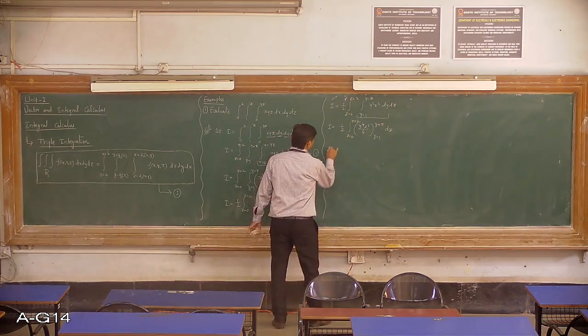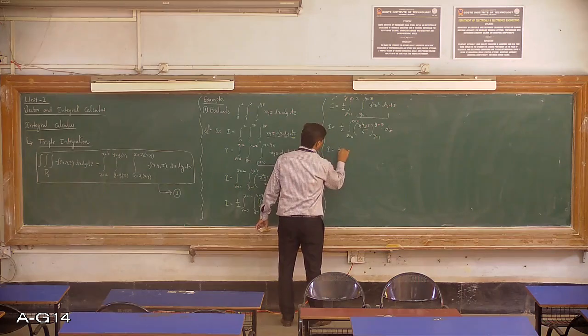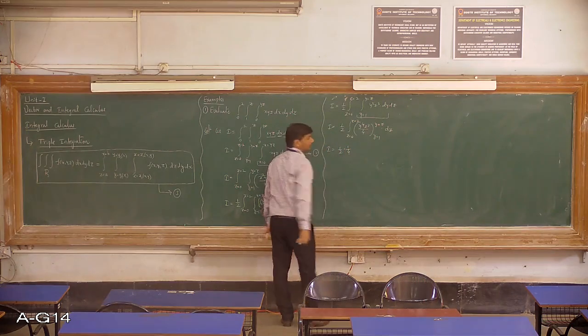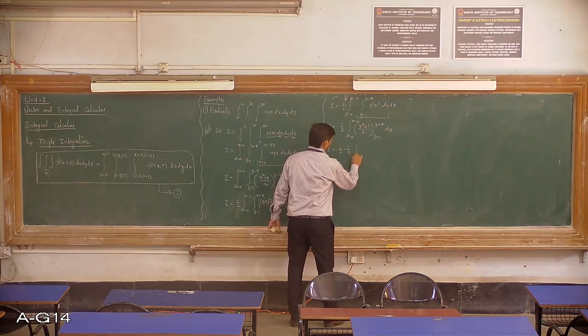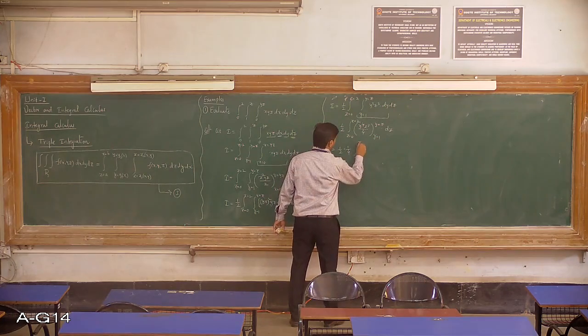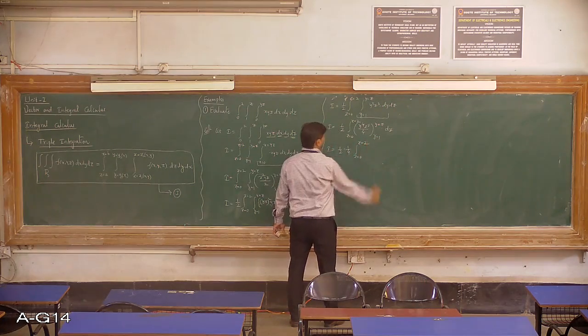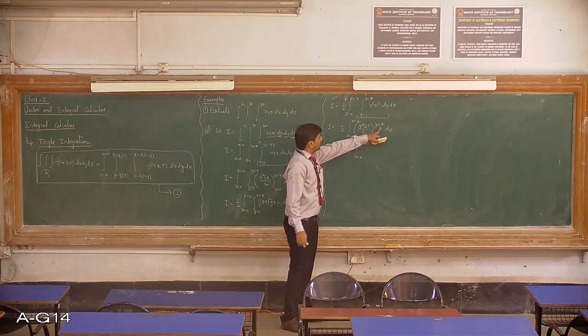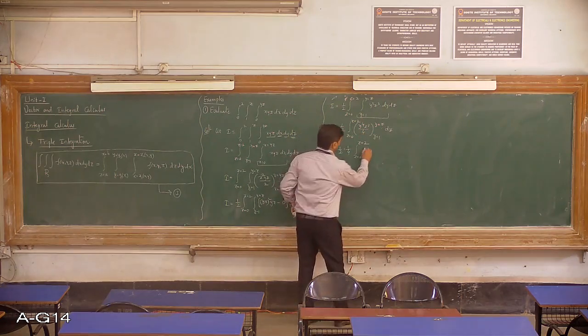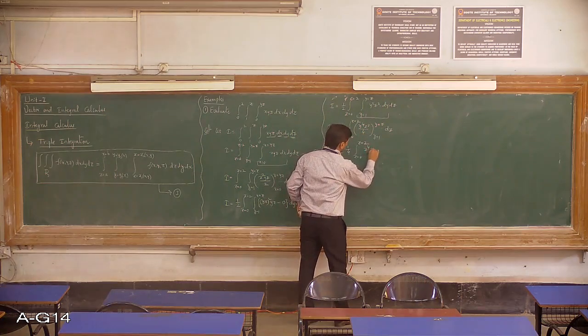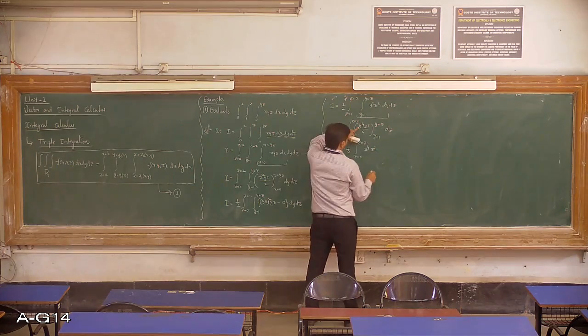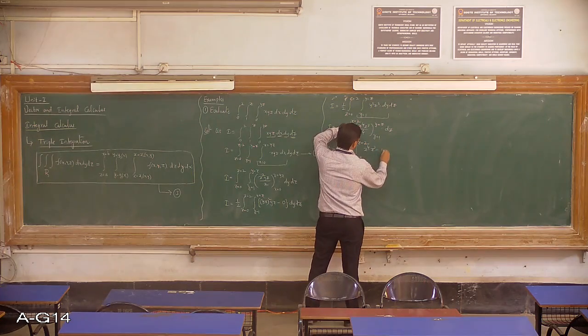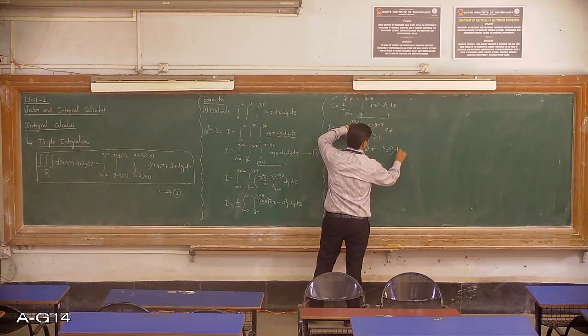Now I equals one by 4, you can take it outside because that is constant. Integration from z equals 0 to z equals 2. Now y will be replaced by z, so z raised to 4 into z cube, minus 1 raised to 4 into z cube, dz.